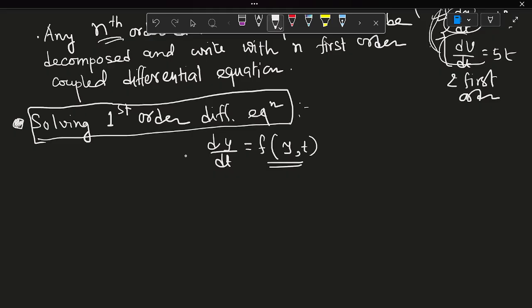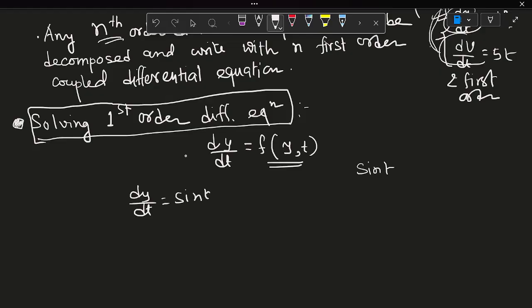Now, we know the rules for solving differential equations, and we know how to do integration, so why do we bother? For example, if you have a very simple function, like sin t, then we know that dy/dt is sin t.